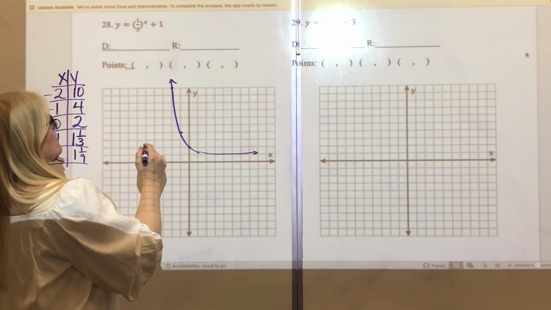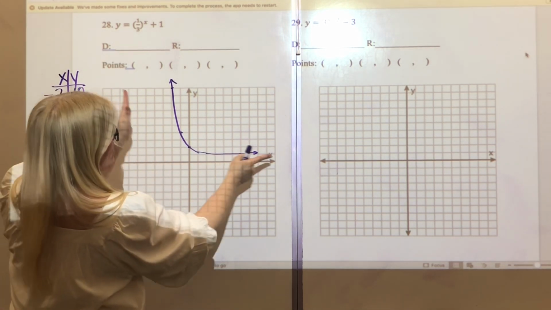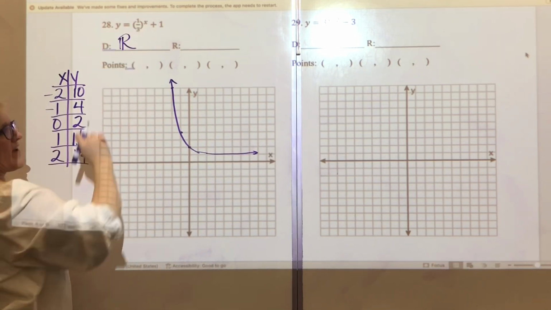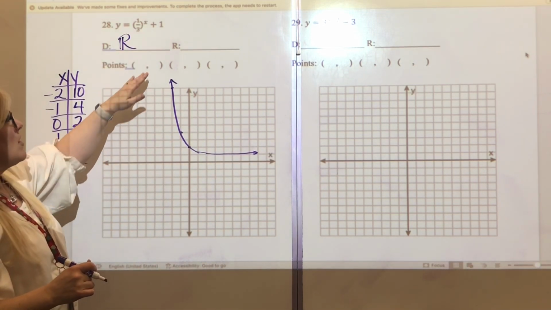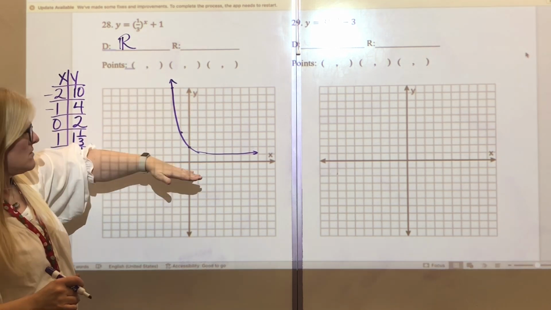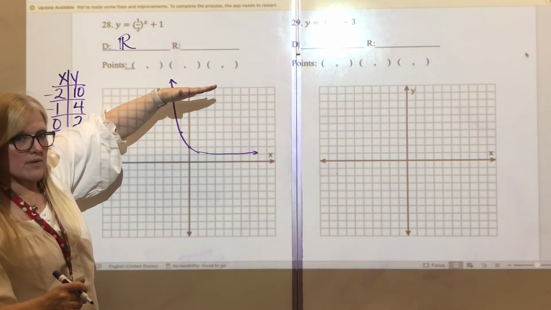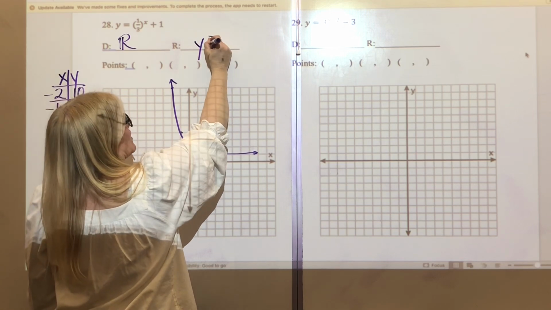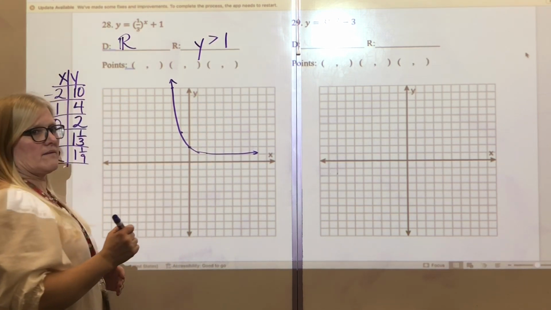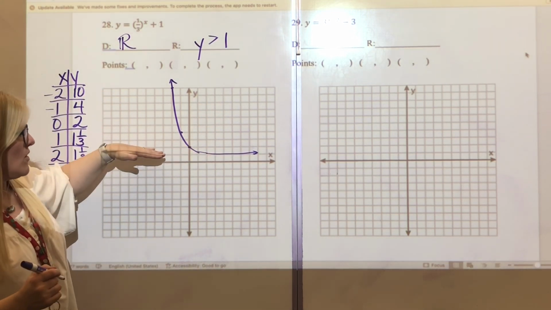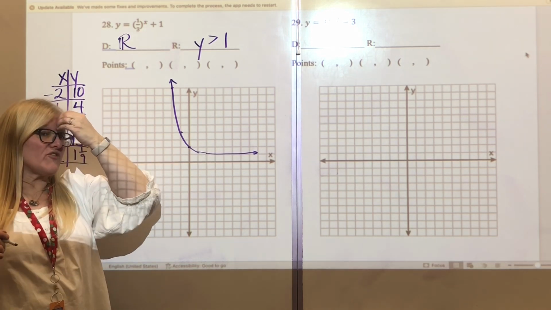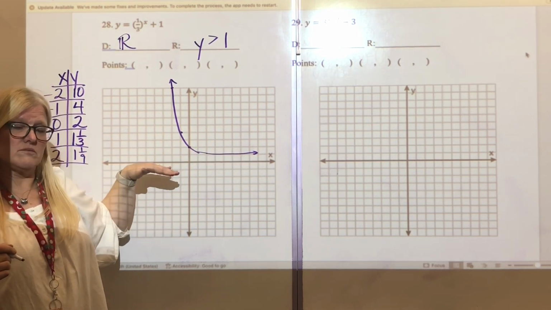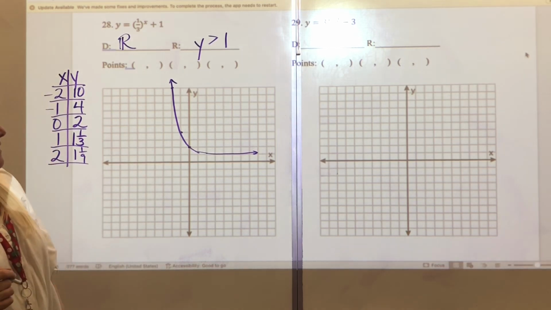So my domain is going forever, all real numbers. I can put in whatever value of x I want right there. But my range is only from here up. So my range is y is greater than 1, because this is the line y equals 1. Remember, exponential functions have asymptotes that are horizontal.